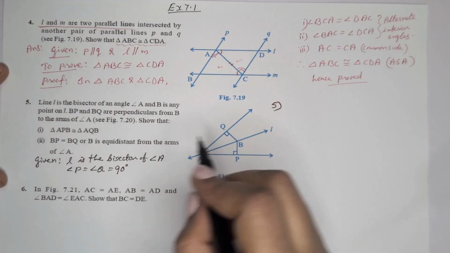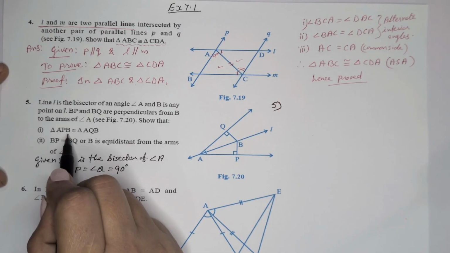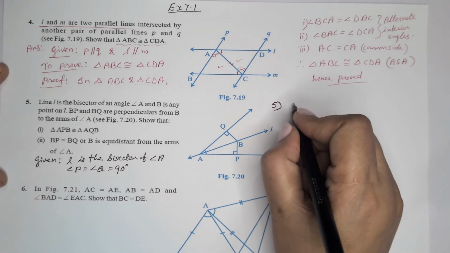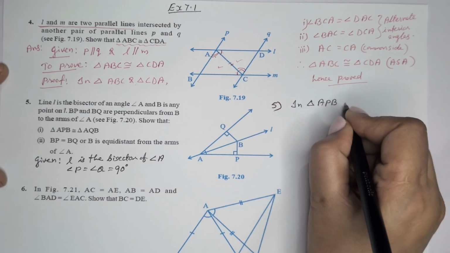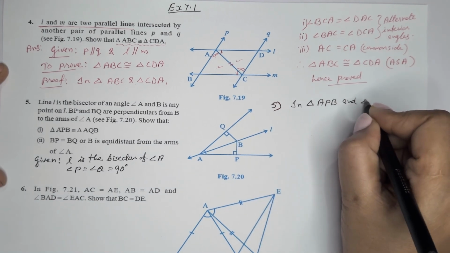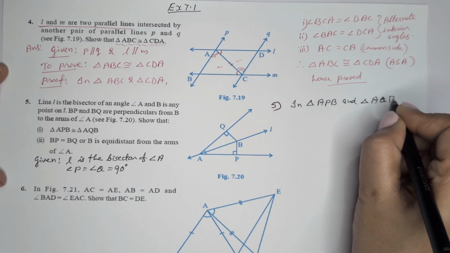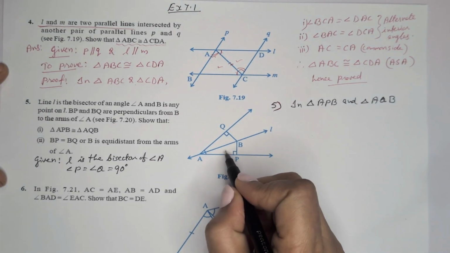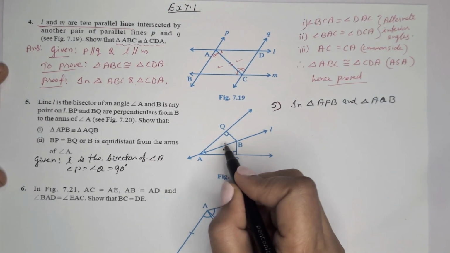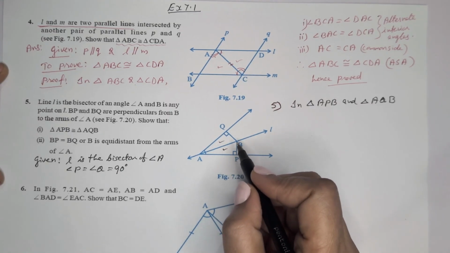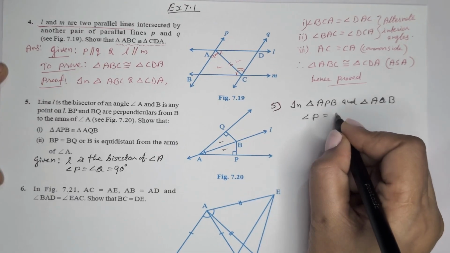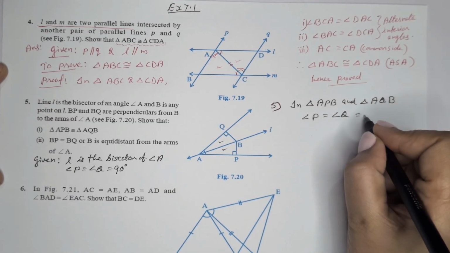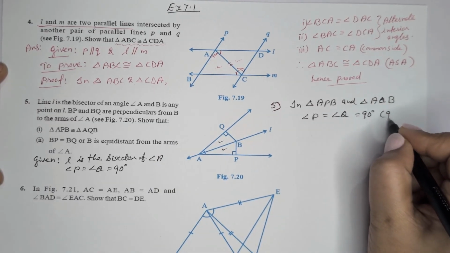First we have to consider these triangles, triangle APB and triangle AQB. When we are comparing these two triangles, we can write here angle P is equal to angle Q, that is equal to 90 degrees, it's given.